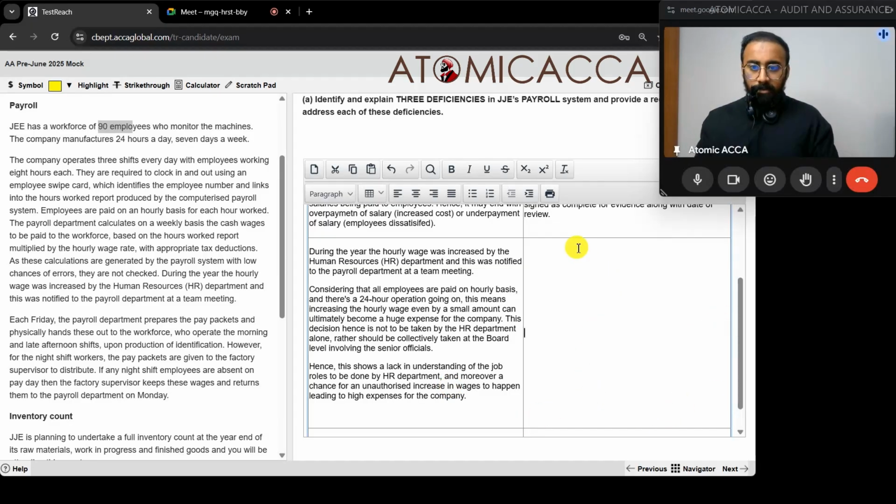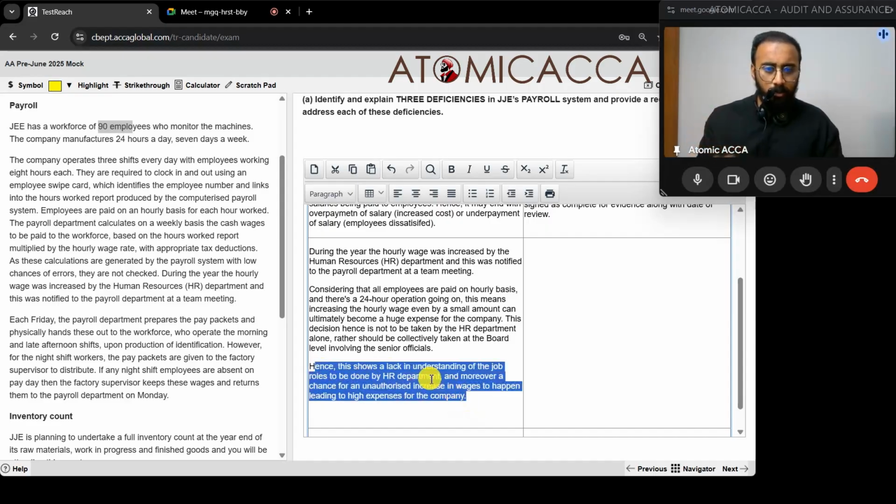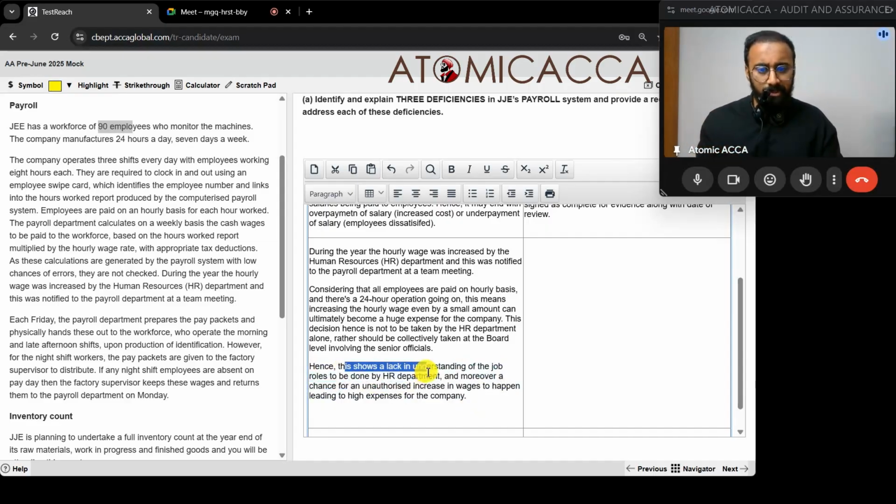Now, what can the recommendation be? Whatever we wrote, first we are going to flip it. What are the problems we described? Lack of job understanding.